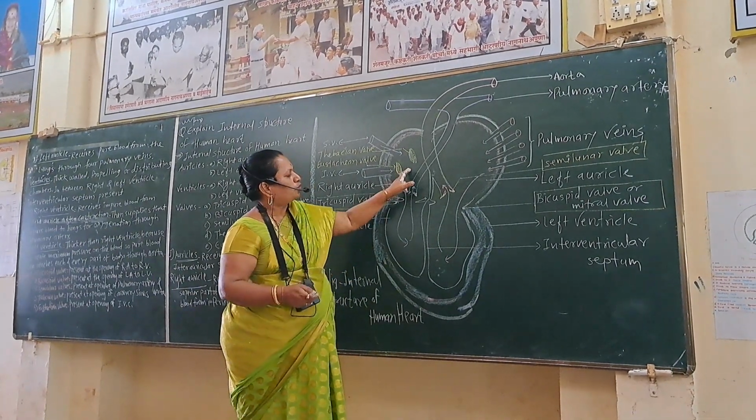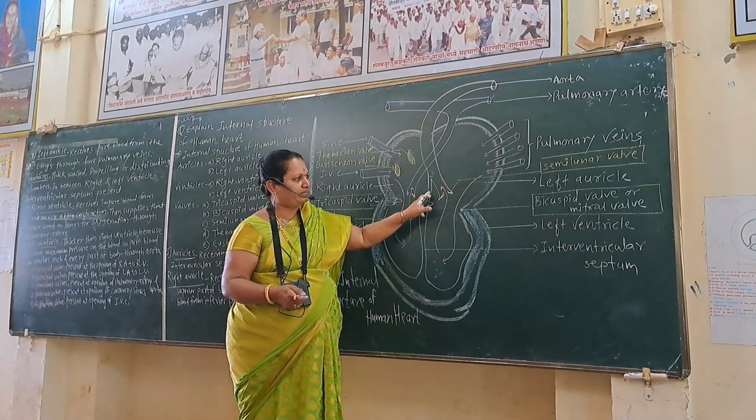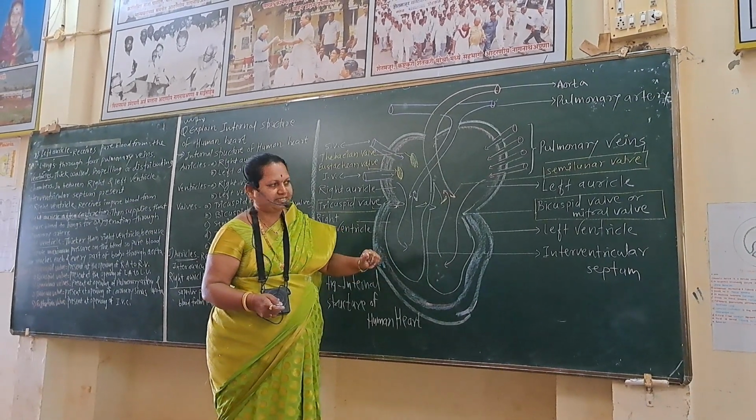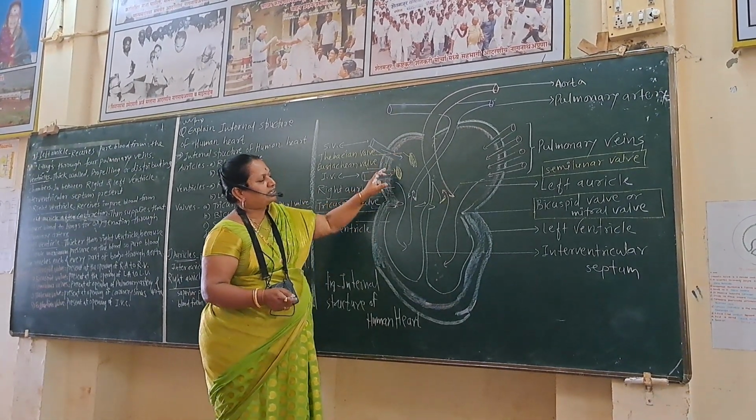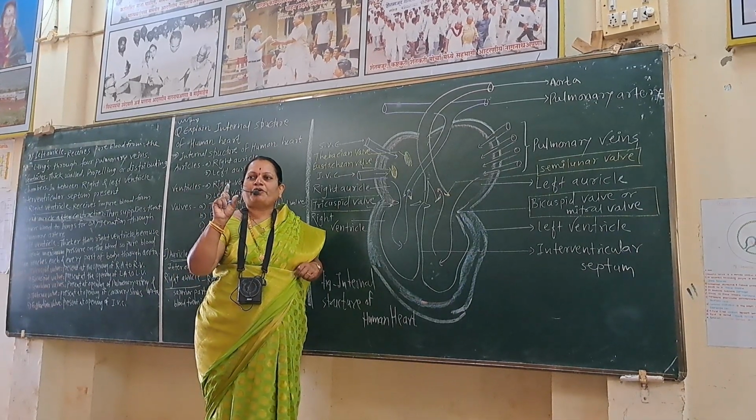Look here. 2 auricles are there. In between 2 auricles, the interauricular septum is present. And in between 2 ventricles, the interventricular septum is present. Here, right auricle. First of all, we can see the structure of auricle.